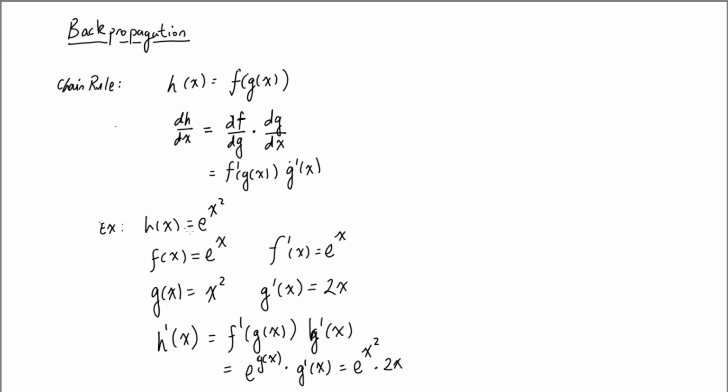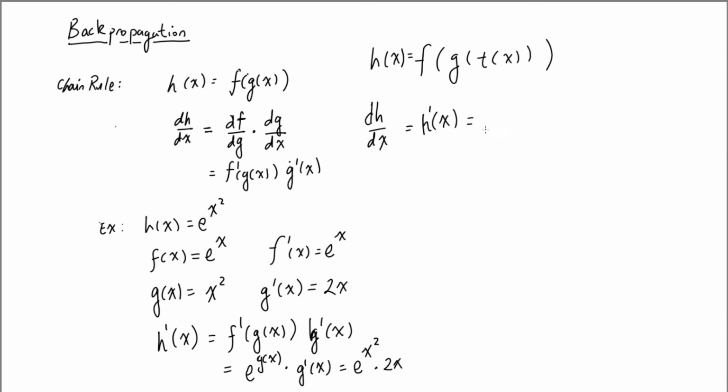So this is the chain rule in action, and you can actually have the chain rule for any number of compositions. This is just a composition of two functions, but we can also have a function that looks like f of g of t of x, for example. And we want to compute the derivative with respect to x again. I'll just write this as h prime of x.